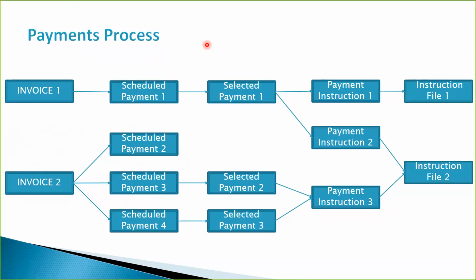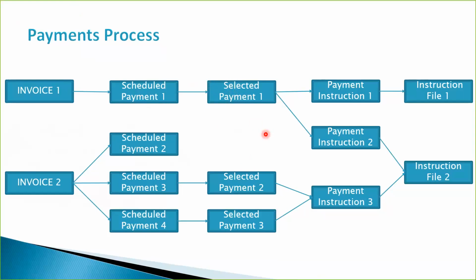All right. So maybe we can use something like the vendor to which these payments are being made, or the range of dates that are on these scheduled payments. So maybe scheduled payments that have a due date that falls in a certain range will be selected.